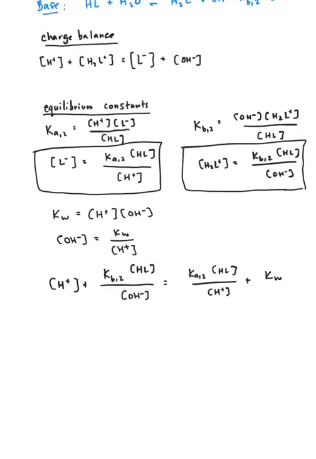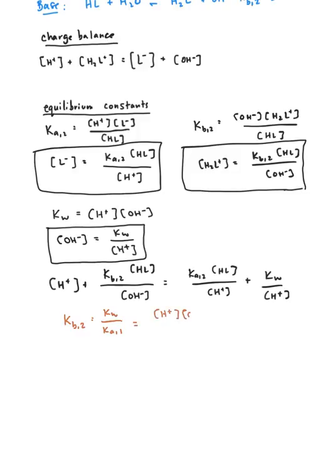That's Kw over H+ concentration. The next thing that I'm going to recognize here is that Kb2 we have already seen can be written as Kw over Ka1, or concentration of H+ times concentration of OH- all over Ka1.